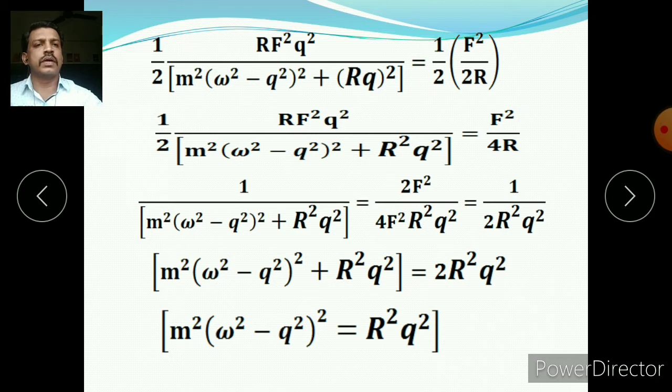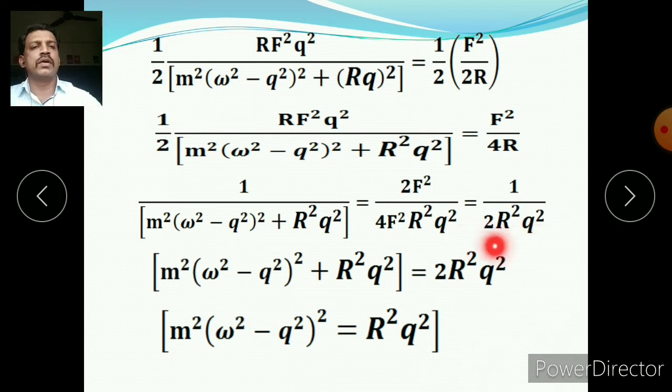So here we divide both sides by R F square Q square upon 2. Therefore you will get 1 upon M square [omega square minus Q square] square plus R square Q square equal to 2 F square upon 4 F square R square Q square, because this is in the denominator so it comes to the numerator.